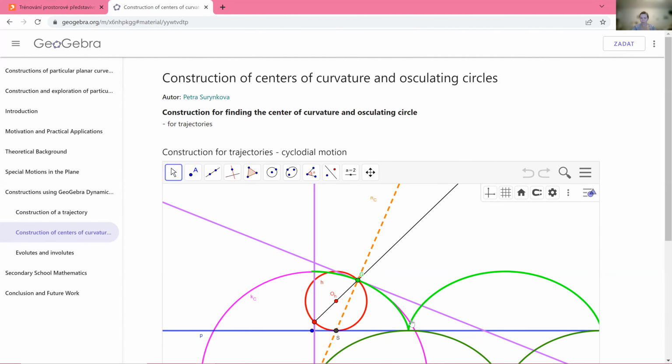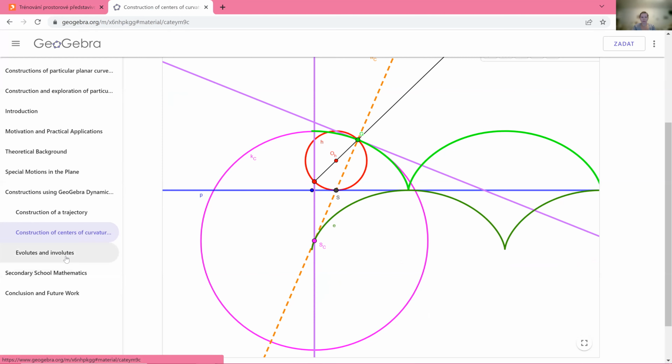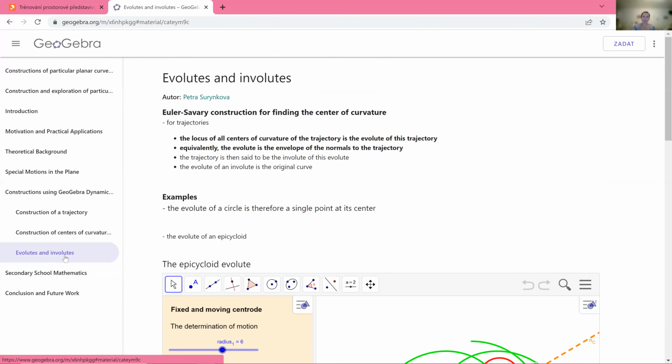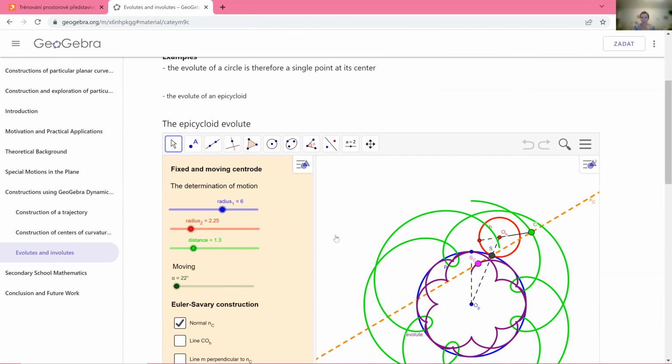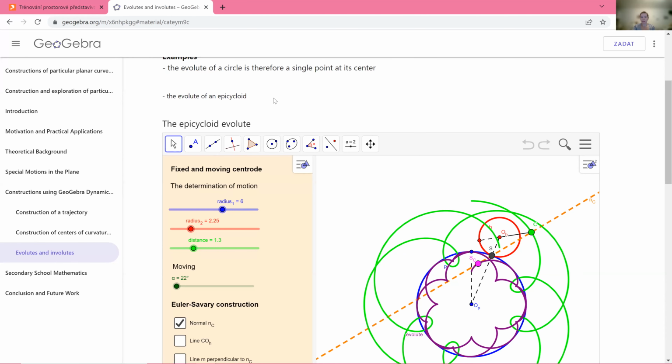For example, if we are considering this cycloidal motion, we can try to find the cusps of the cycloid. Or we can have some constructions for finding centers of curvature, as I said, and the circle.